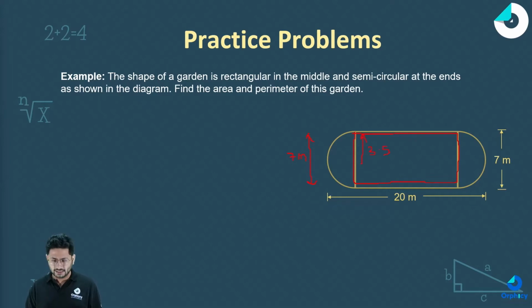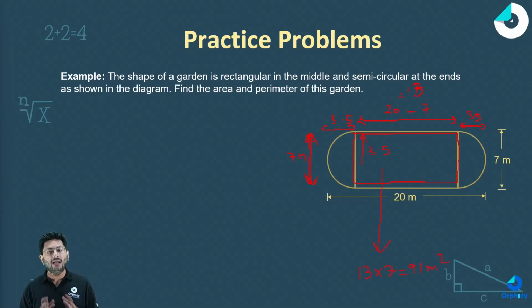It means that this is 3.5 and this should also be 3.5. So for just the rectangle, the length of the rectangle should be the total length 20 minus 3.5 minus 3.5, meaning 7, which is equal to 13. And its breadth is 7 meters. So the area of the rectangle should be equal to 13 into 7, that is 91 meter square.